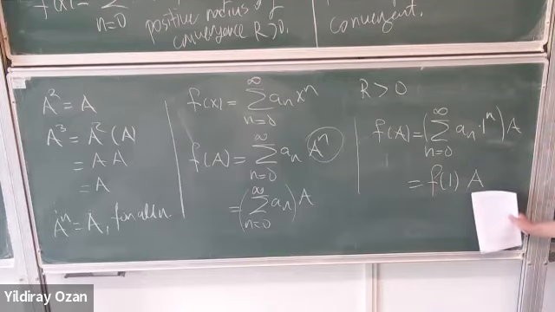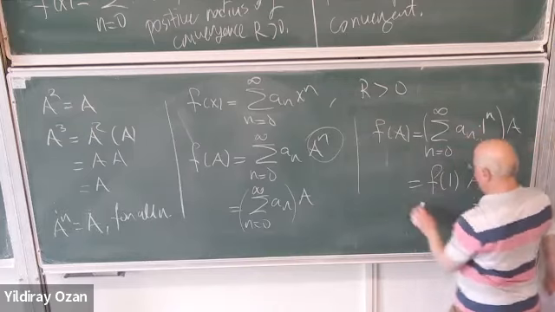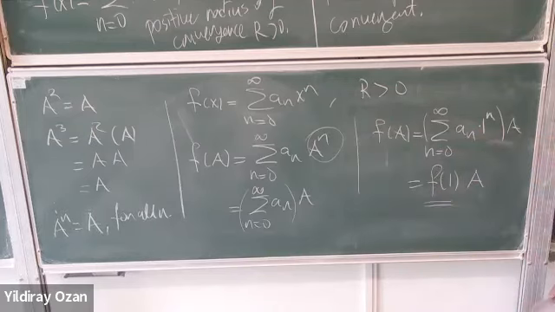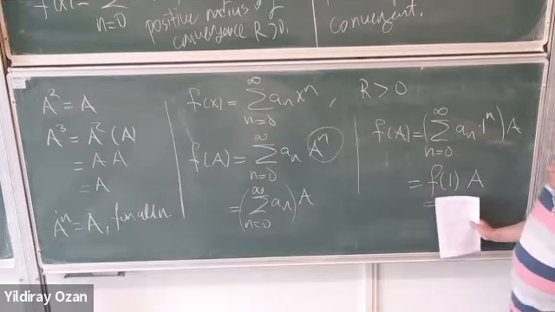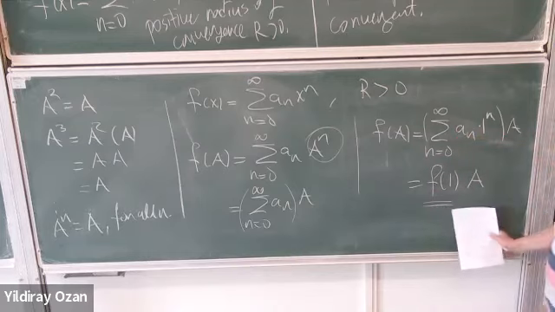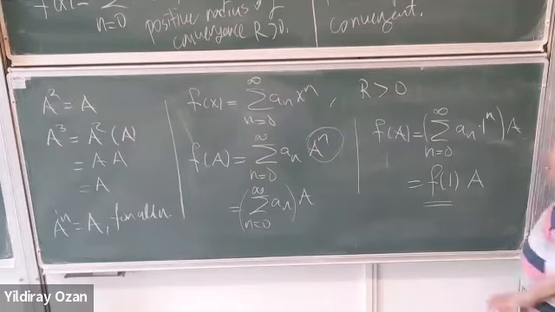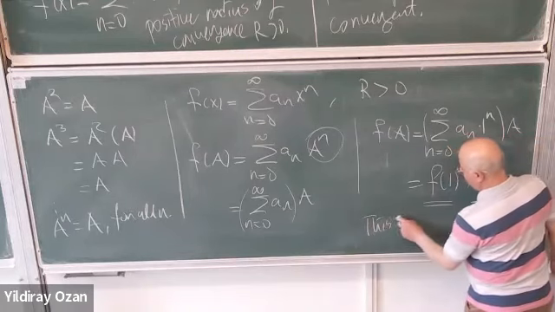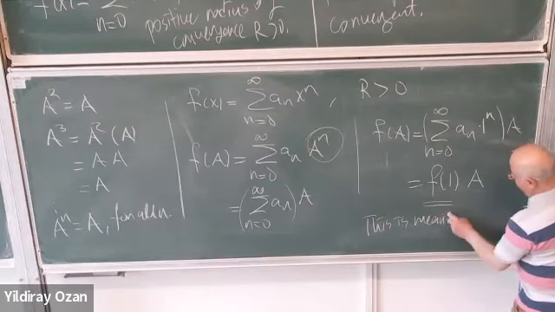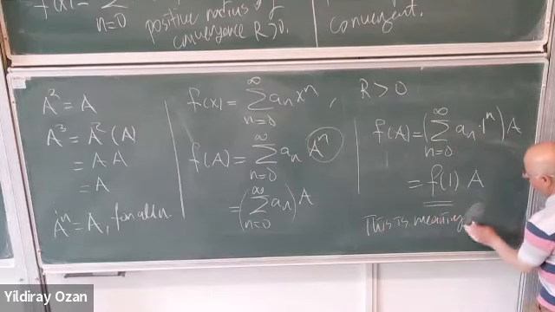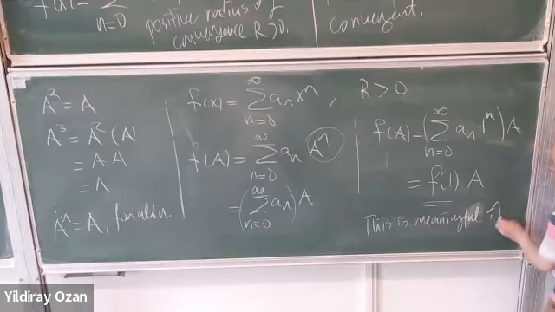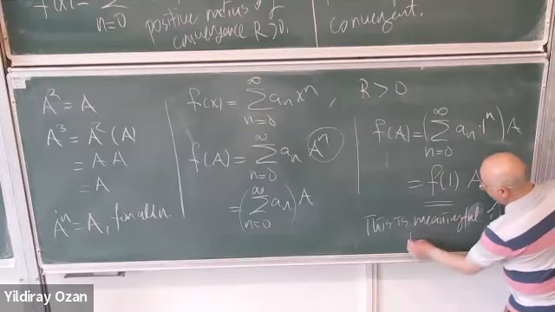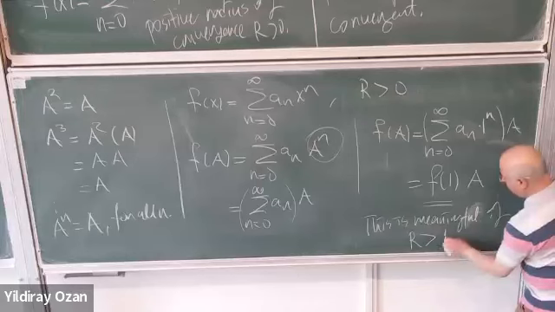Of course, for this to be meaningful, f of 1 should be defined, and it is defined if R is bigger than 1. So this is meaningful if the radius of convergence is greater than 1.